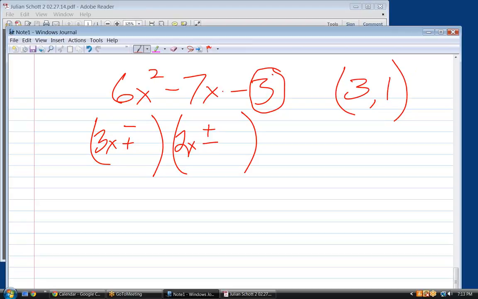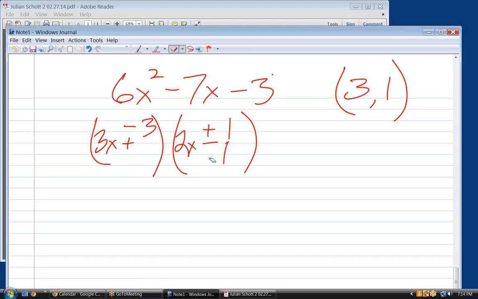I can no longer say that subtract to the number 7. I can only say that kind of stuff if these coefficients are 1. The moment one of them has a coefficient different than 1, I can't make those statements like I could before. And my only choice is to just start trial and error. Don't have a lot of options to try. I can try 3 there and 1 there, or I could try 3 there and 1 there.